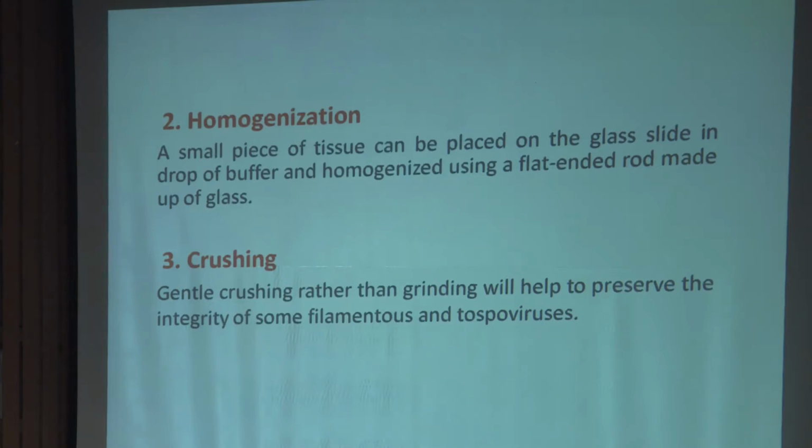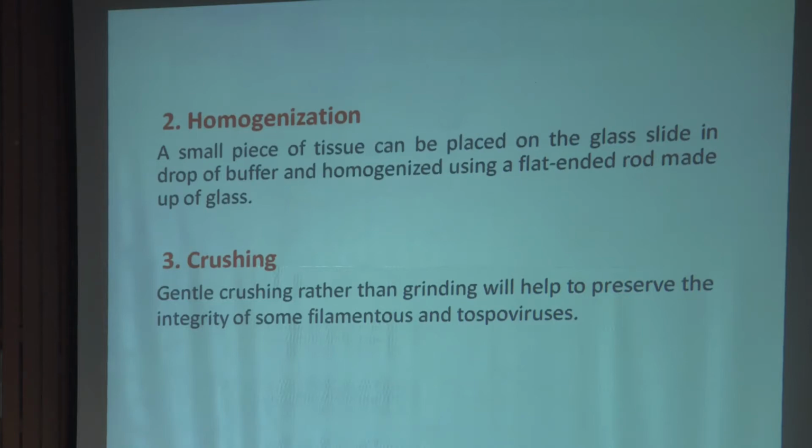So crushing means, some viruses like tospoviruses and other viruses are very sensitive. They have a lipid membrane outside. So when you grind it, the membrane disrupts. Then you don't know whether the virus is there or not while seeing it, because the shape has changed because the membrane has denatured.